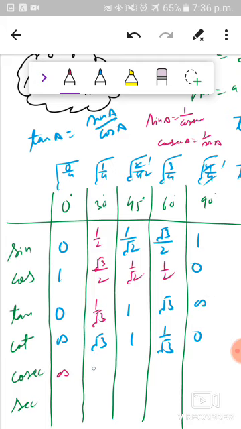Reciprocal of 1 by 2 is 2. Reciprocal of 1 by root 2 is root 2. Reciprocal of root 3 by 2 is 2 by root 3. And reciprocal of 1 is 1. Sec is the reciprocal of cos. So reciprocal of 1 is 1. Reciprocal of root 3 by 2 is 2 by root 3.